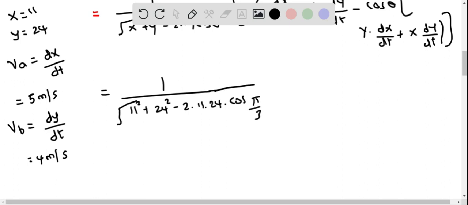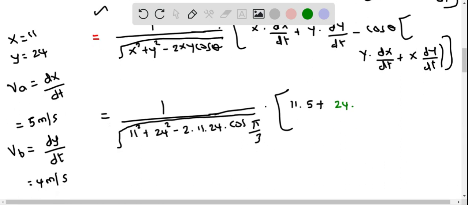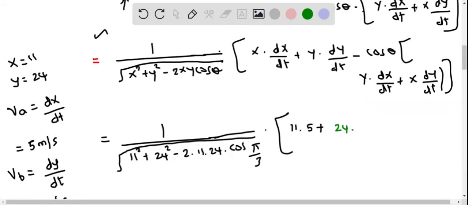This is everything under the square root times this expression, that is x times dx over dt. x is 11 and dx over dt is 5 plus y is 24 times dy over dt, which is 4. So I put 4 here, minus cos of pi over 3.